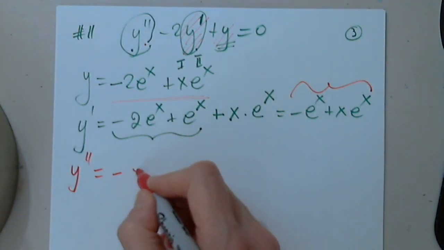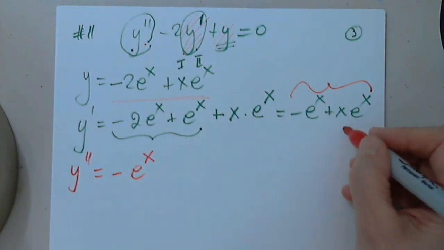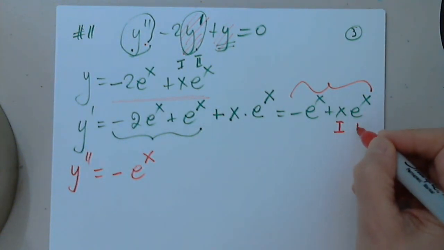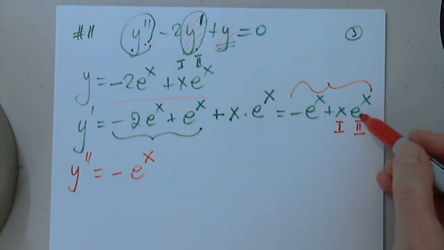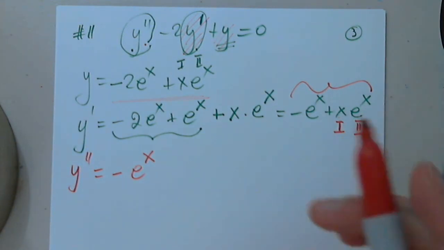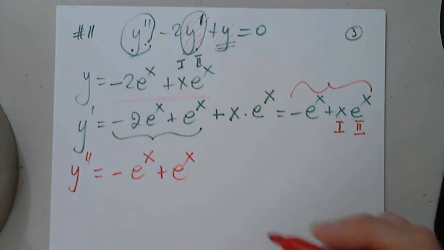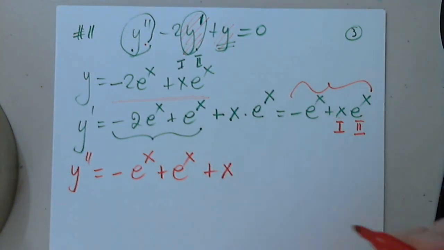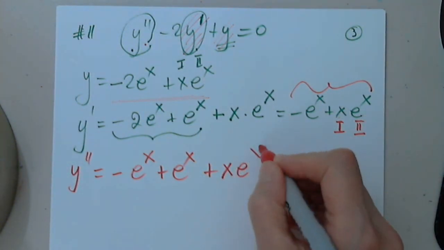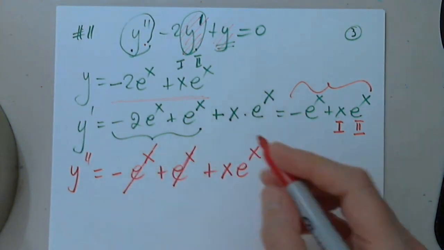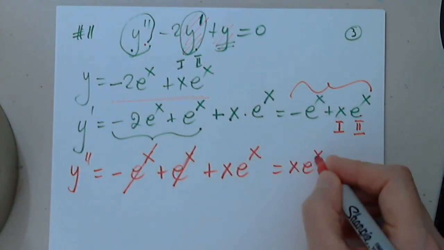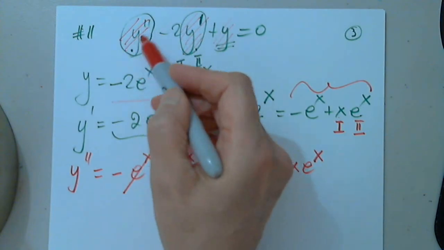This is still negative e to the x. There is nothing we can do here. But here, again, I have the product rule. The function times another function. First function prime is 1 times the second function plus the first function times the second function prime. So the answer is x e to the x. So now I have all pieces.